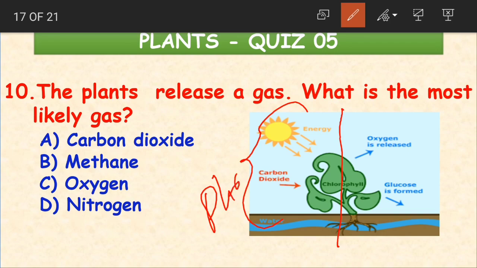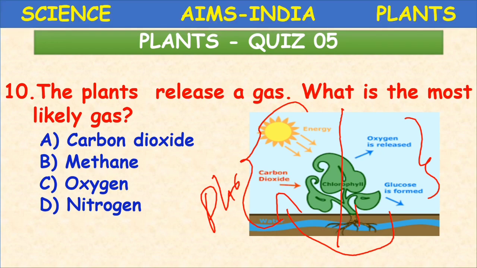Again the cycle is going to repeat. Oxygen and glucose are giving energy to the plant. Glucose with the help of oxygen is giving energy to the plant. This is called respiration. So oxygen is the correct answer, option C.